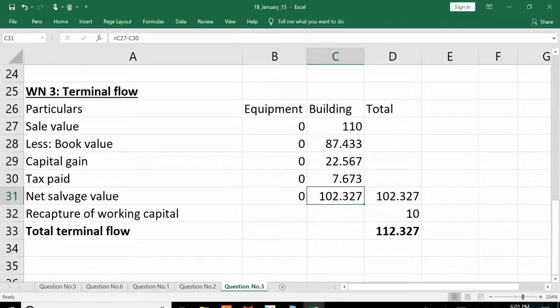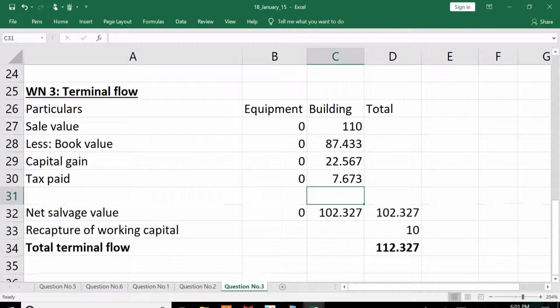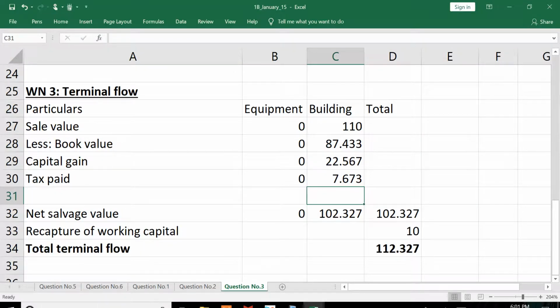It's basically not a continuation of this format. Ideally, I should leave a line gap. It's not a continuation of this format. Net salvage value is 102 million and there is a recapture of working capital of 10 million. 102, and then there is a recapture.